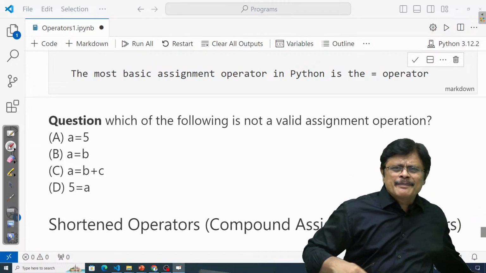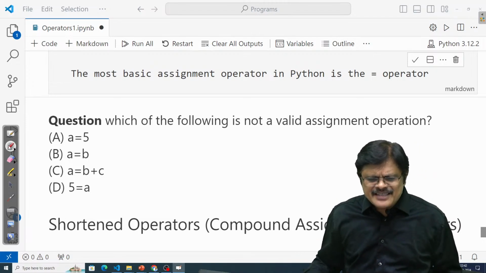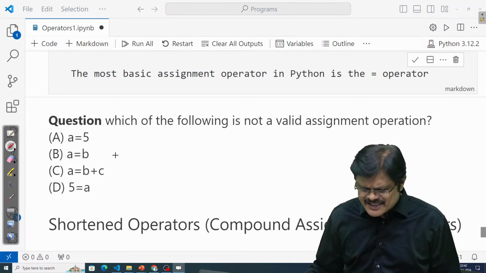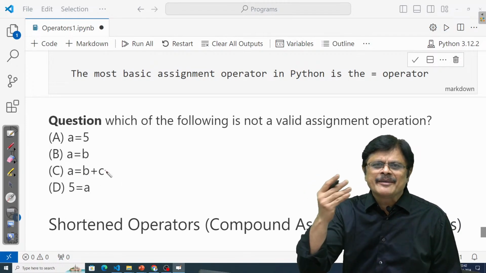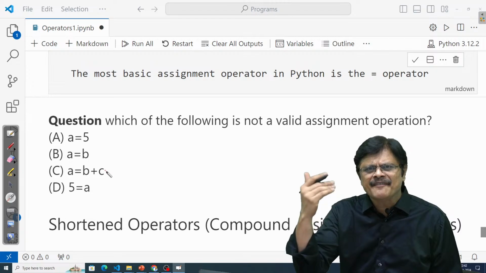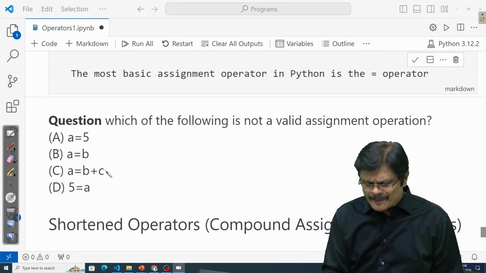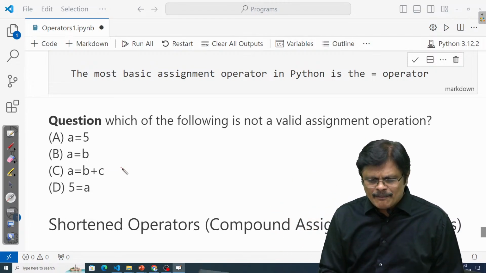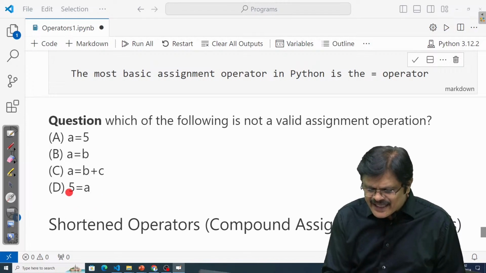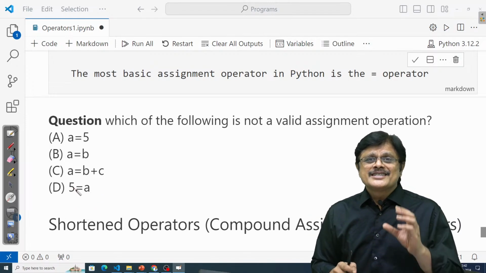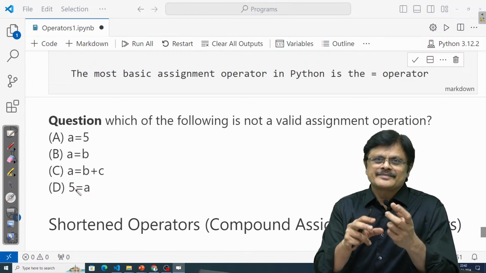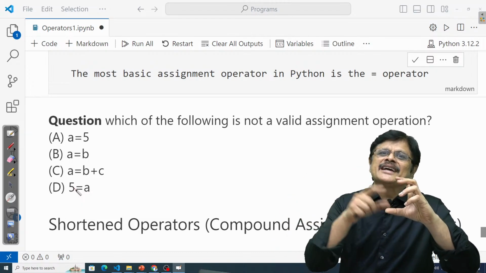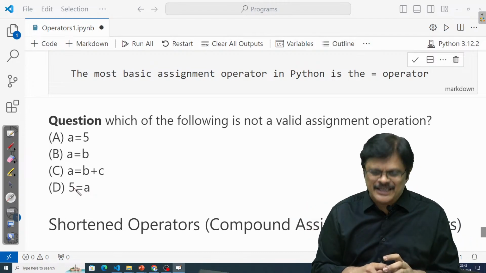A is equal to B plus C is valid. If I define B and I define C, A is equal to B plus C is valid. No problem. But what is not valid is D, 5 is equal to A. 5 is a literal. For a literal, you cannot assign the reference of another object.